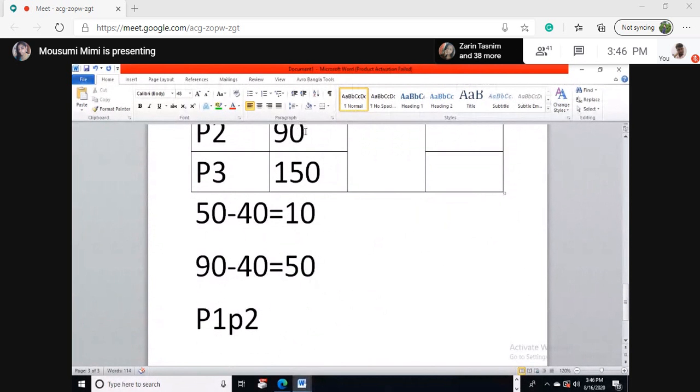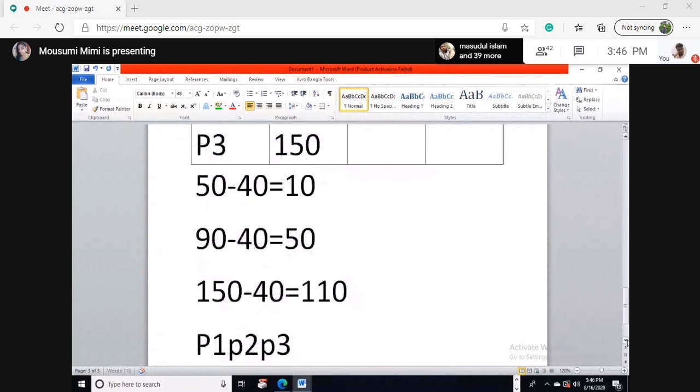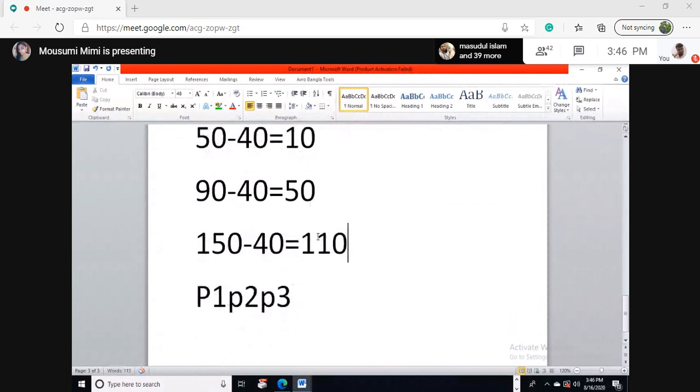Then after 40 seconds I move to process 3. For process 3, look at the total burst time. It is 150 and time quantum is 40. So 150 minus 40 equals 110 remaining.